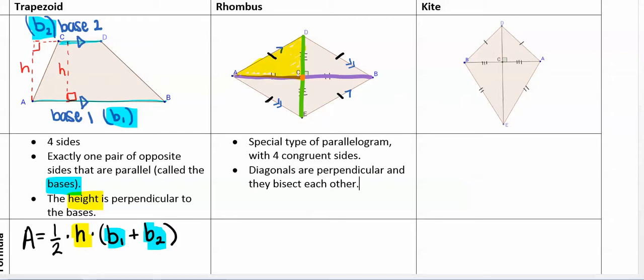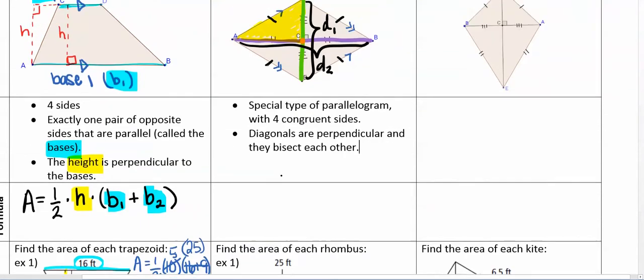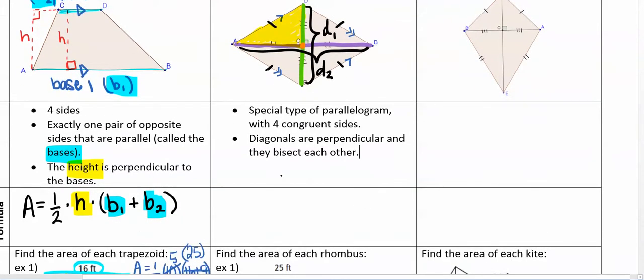So the formula is going to use the diagonals. We're going to call this diagonal, it doesn't matter which one, I'll pick whichever one, D1 for diagonal 1. And this diagonal is D2 for diagonal 2. So our formula: you're going to do area equals 1/2 times diagonal 1 times diagonal 2.